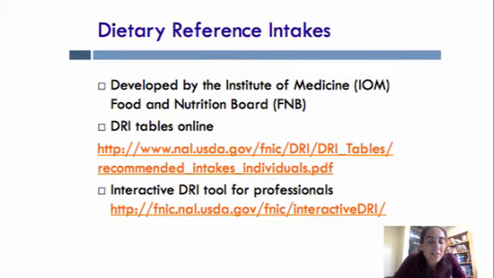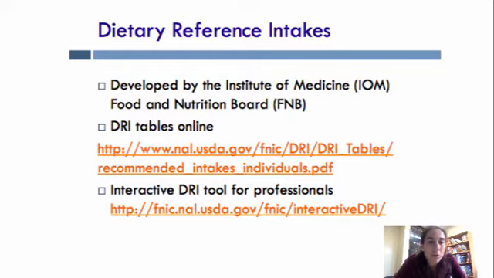There are a number of resources for the DRIs online, and also in your text you can see the DRI tables. Here is the link to the DRI tables on the USDA website. So it's very clear and laid out. Not only do they have the DRI tables, which are very straightforward, but they also have all of the DRI reports.